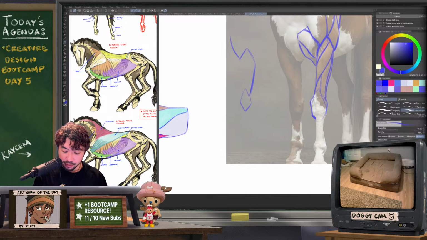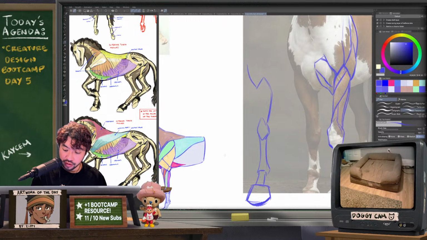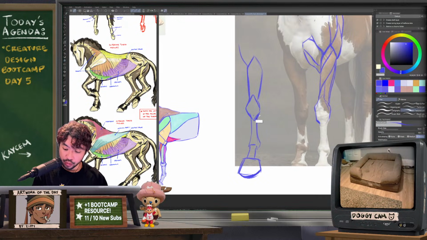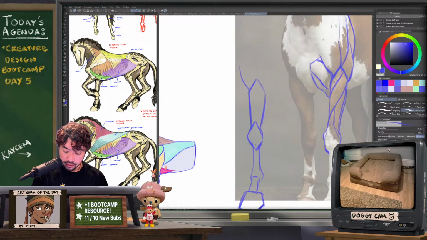This right here is the diamond shape of the kneecap, and then following down, the hoof of the horse. So what exactly is this form structure that we're working with? Here we can make the kneecap a bit bigger, because I think that is a little easier to remember.